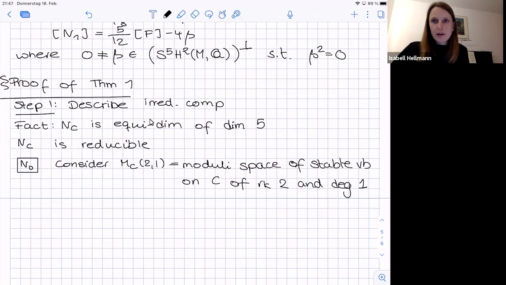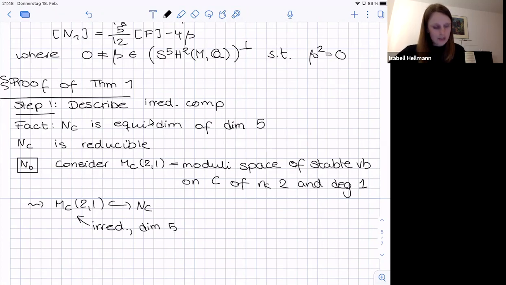As I said before, something of rank 2 on C defines a point with fitting support 2 times C, and I chose the degree correctly such that the other characteristics match. So I have found a subvariety of the nilpotent cone. What I know about this subvariety is that it's irreducible and 5-dimensional. So actually I found an irreducible component.